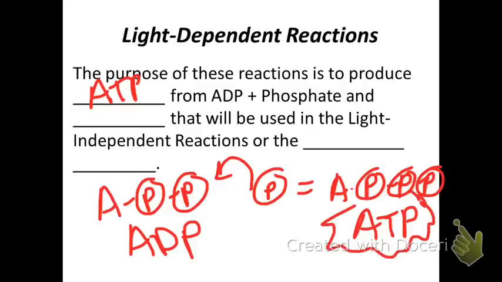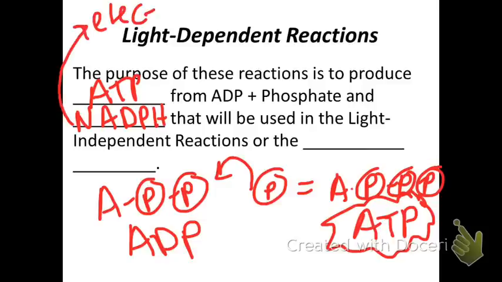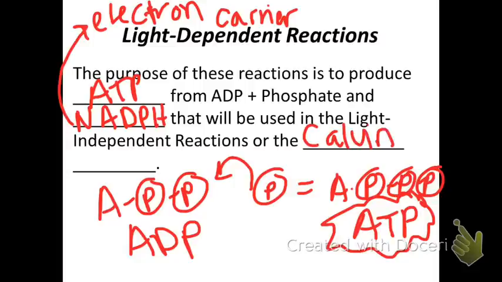Which produces our energy molecule called ATP. In addition, we're also going to be producing NADPH, which happens to be an electron carrier. Which is going to carry electrons from our light-dependent reactions to our next set of reactions called the light-independent reactions, or the Calvin cycle.